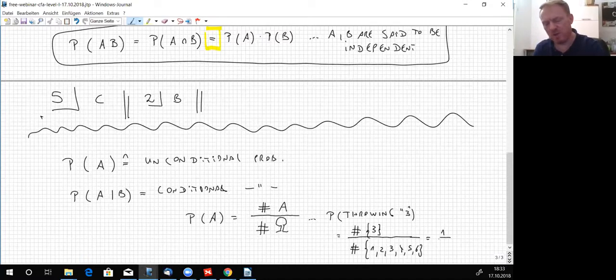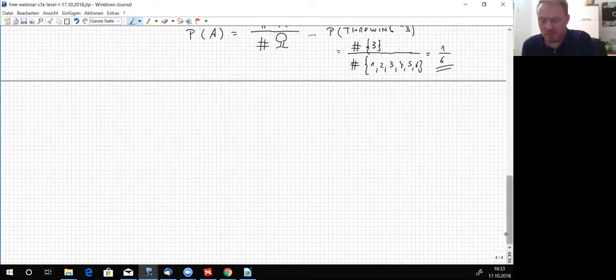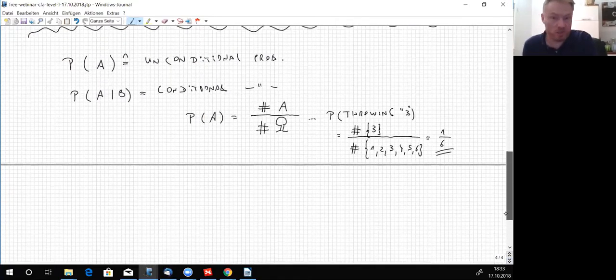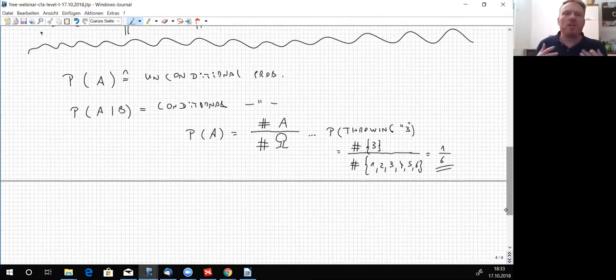That is 1/6, right? That's an unconditional probability because it's not made up of any condition. There is no condition at all. There is not any event happening first. So that's an unconditional probability.